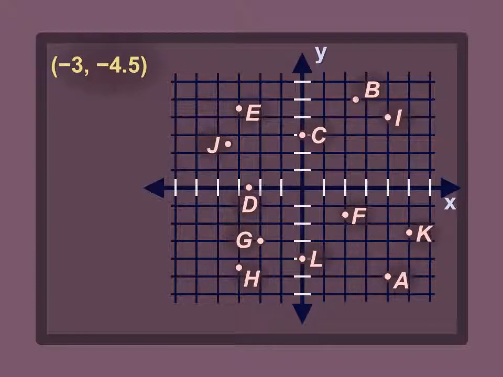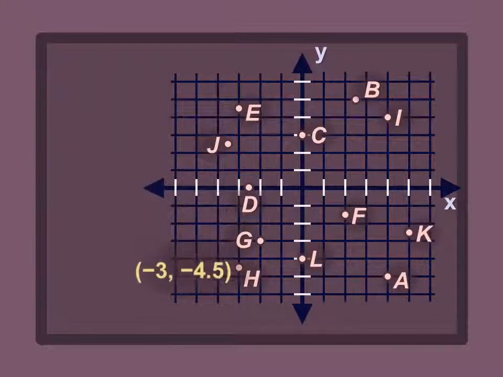-3, comma, -4.5. So negative 3 would be going to the left. 1, 2, 3. -4.5. 1, 2, 3, 4.5. So we get point H. So -2, -3. -2 is going to go to the left. -3 is going to go down.